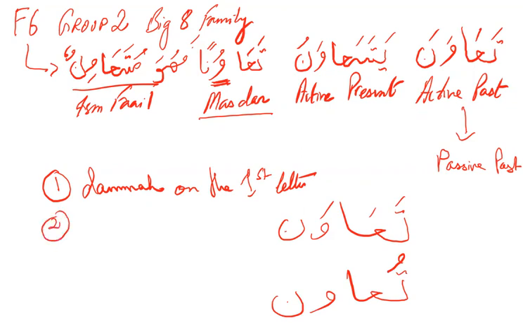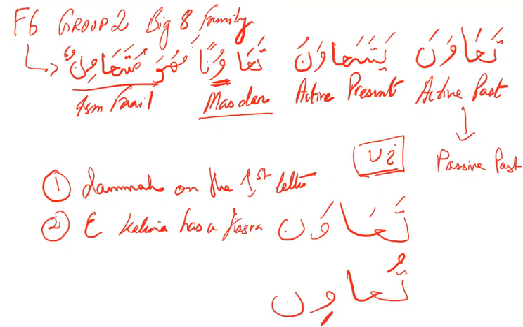Number 2, the an kalima, what will it have? Kasra. But first follow the steps and then whatever is left, we will see what to do with it. Okay, so the an kalma has a kasra. So we will put a kasra under the wow because that is the an kalma here, right?